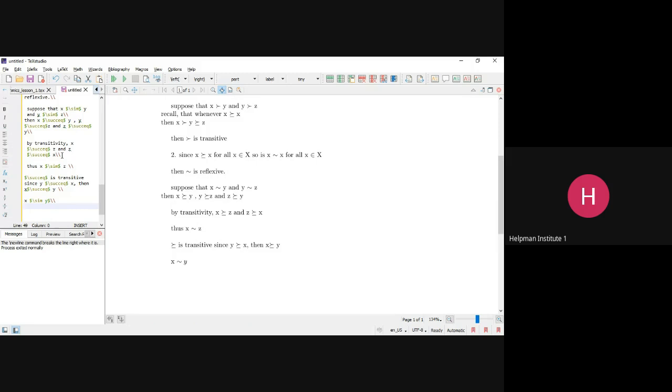Then we can also make the reversal. From this other part here, since X is indifferent from Y, similarly we can as well say Y is indifferent, so we just make this reversal here.